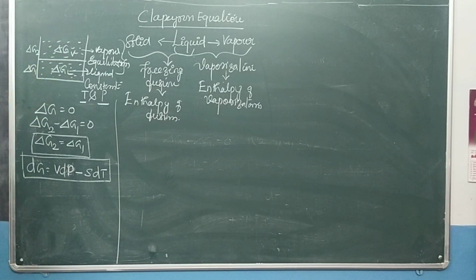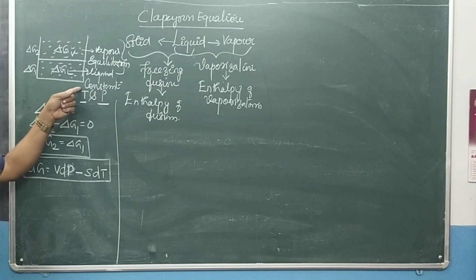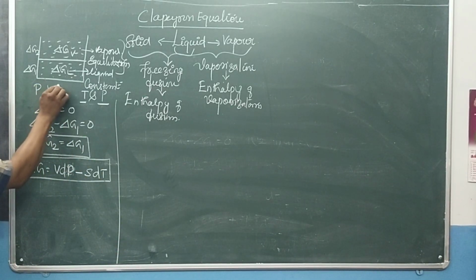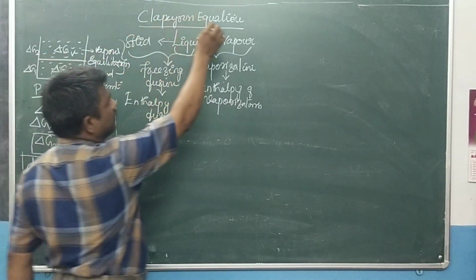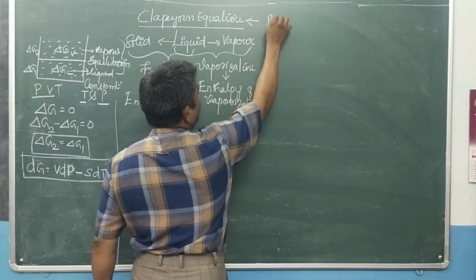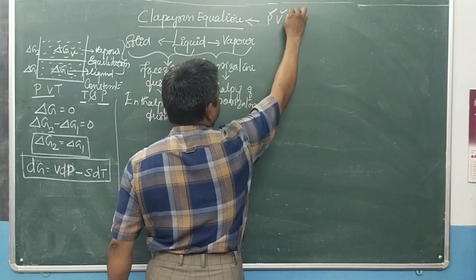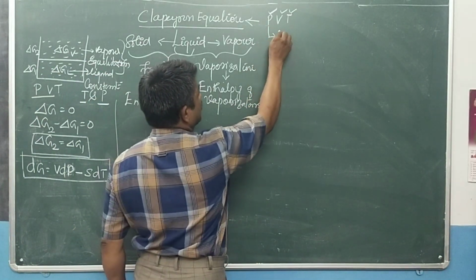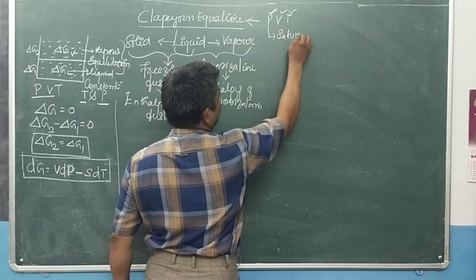Now I am going to derive the Clapeyron equation for this estimation of free energy change during the phase change. The Clapeyron equation is derived by correlating the thermodynamic properties pressure, volume, temperature. In this case, pressure is always saturation pressure.